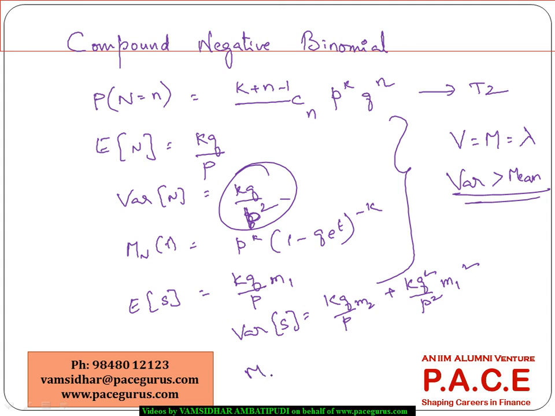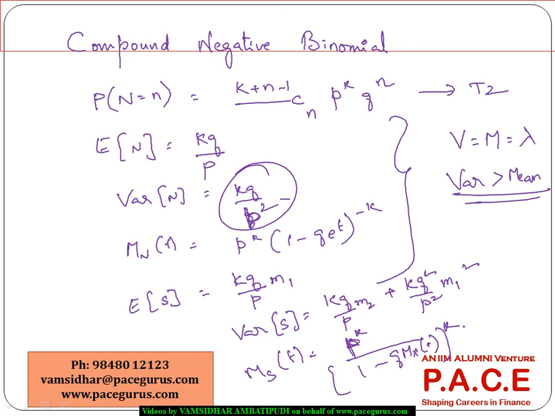And the same way, ms of t becomes p power k divided by 1 minus q mxt to the power k. All these things can very well be simplified, and the same way going ahead with the third derivative of the cumulant generating function will give us the coefficient of skewness also.